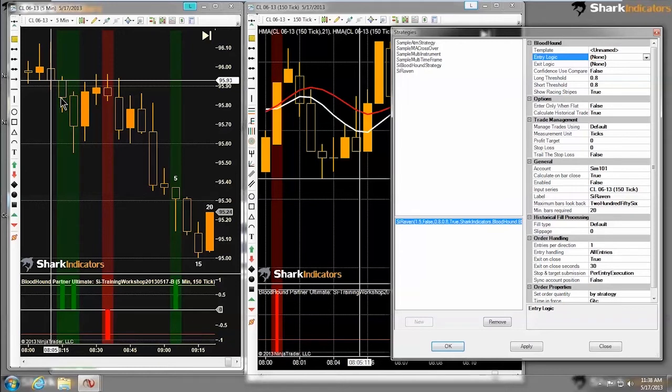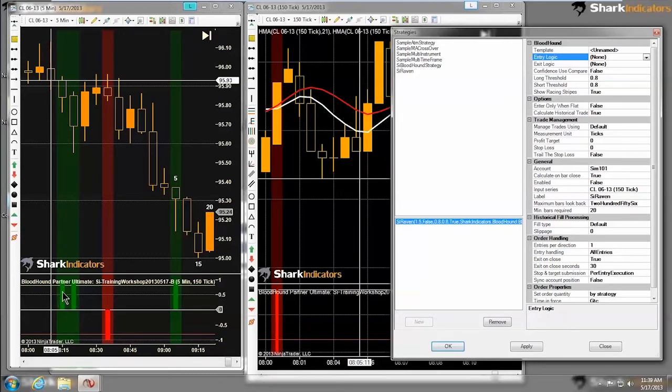But for example, you see that we have two bars here marked to go long. So we have 2 bars marking a long entry signal.